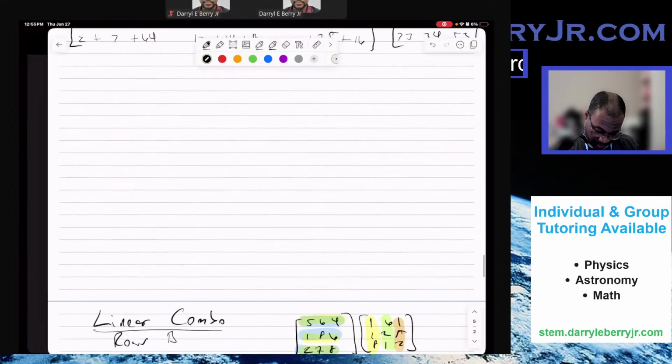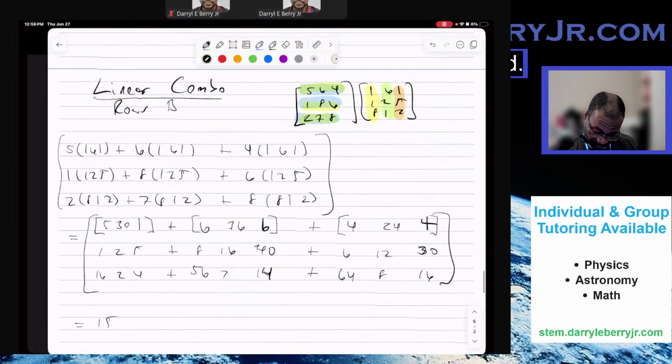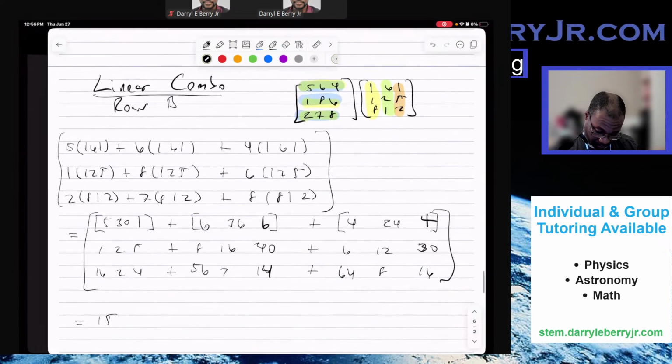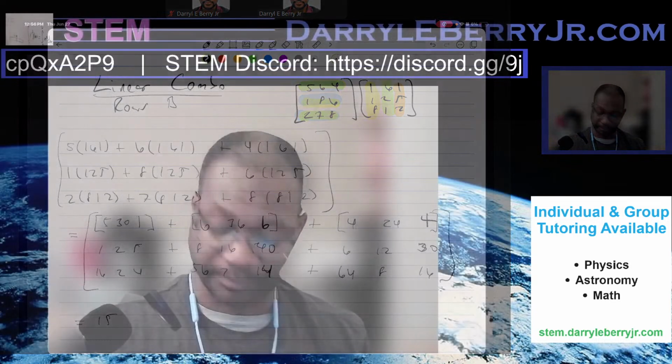Let's see if the middle one is correct. Nope. So let me see what I did wrong about this method.